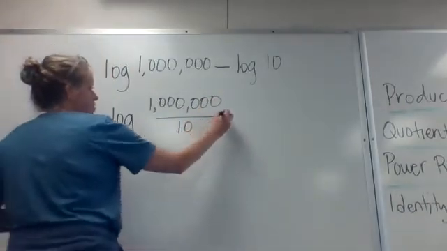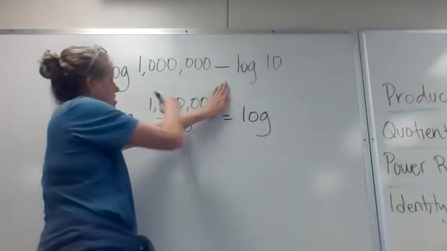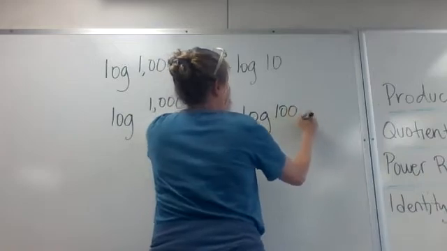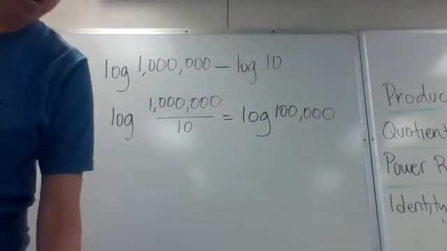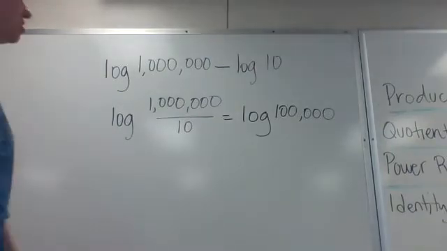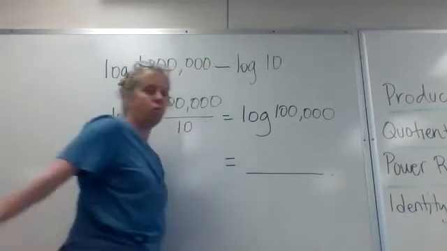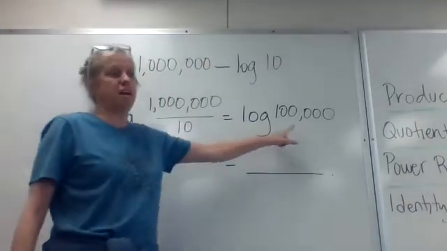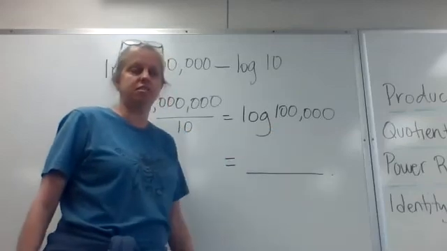So this is going to equal log. If I take away a 0, that's going to turn into 100,000. So that's the first part of the answer: log of 100,000, and then it's going to say equals what? I can just type that in my calculator. I hit the log button, type in 100,000.